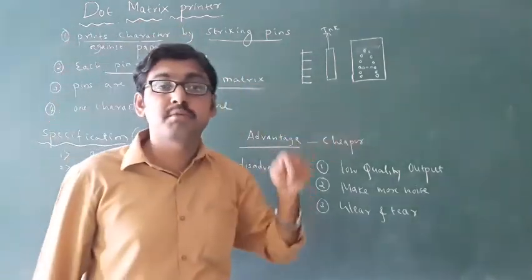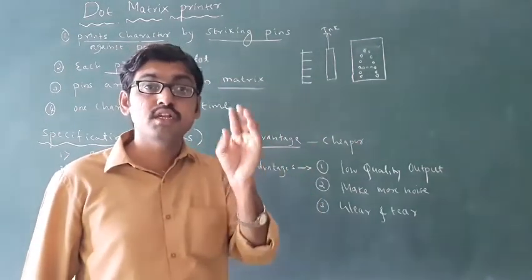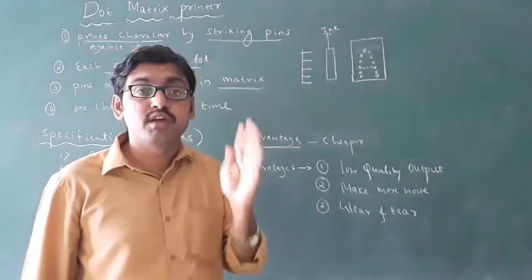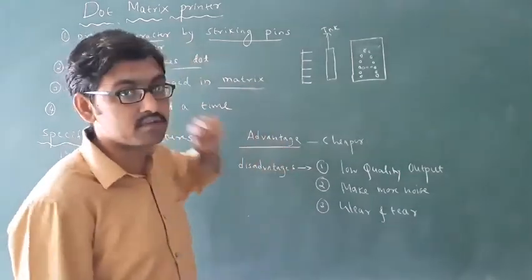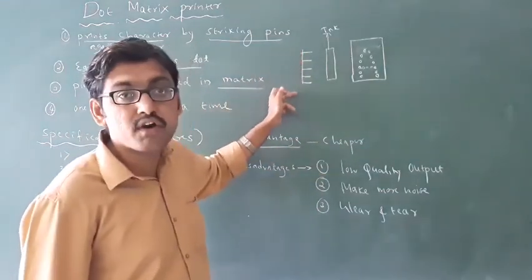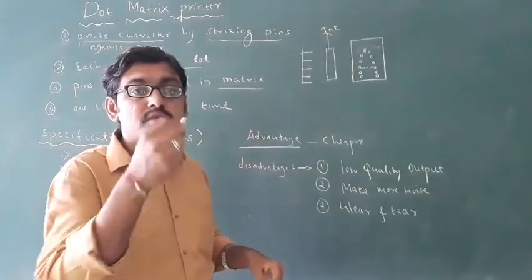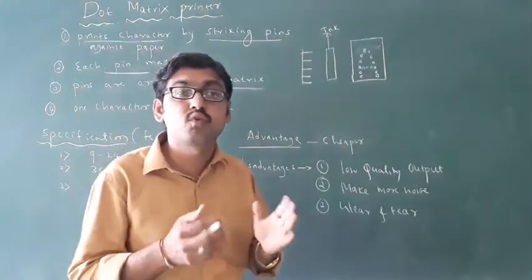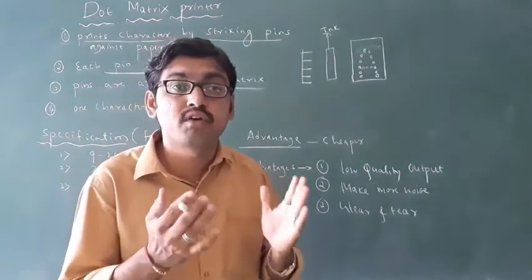That's why its name is dot matrix. It produces dots with the help of pins. Why does matrix come in the name? What is a matrix? The pins are arranged in the form of a matrix. Matrix means rows and columns. The pins are arranged in rows and columns.